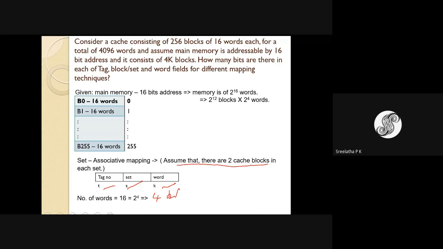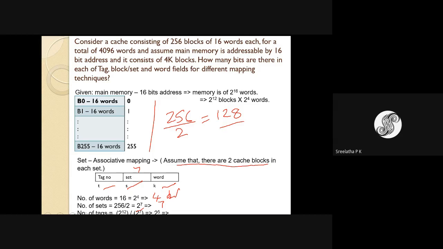Coming to the number of sets, I have assumed 2 blocks in one set. Total number of blocks is 256, and 2 blocks are in one set, so divide by 2, and hence there are 128 sets for this cache memory. 128 is nothing but 2 power 7, so 7 bits are required for representing the set.